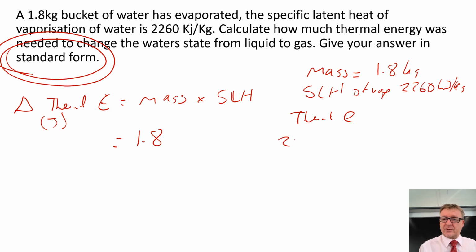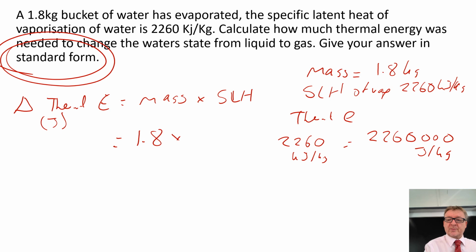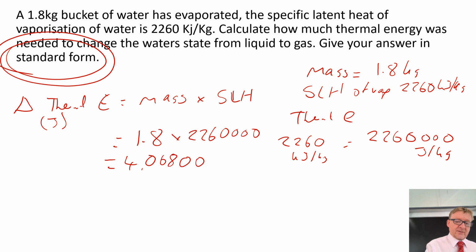So 2260 kJ per kilogram equals 2260, add on 3 noughts, joules per kilogram. So multiplied by 2,260,000. So the change in thermal energy is 4,068,000 joules.